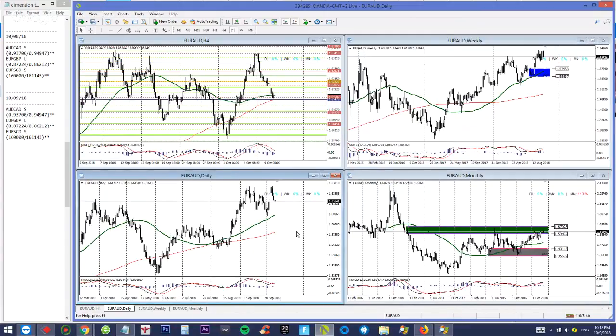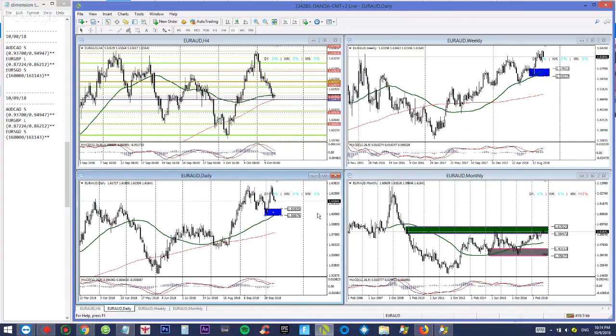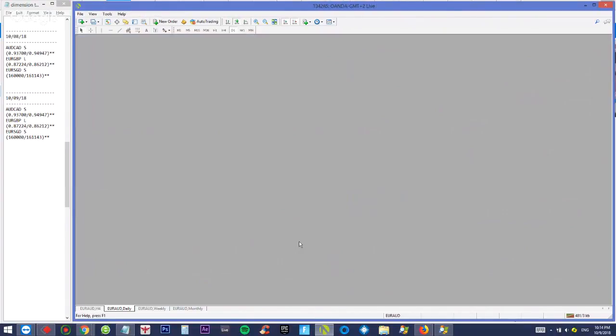We'll see how it unfolds after they make some reaction on this demand level on the weekly, or on the demand level at daily. Daily. Okay. Next.